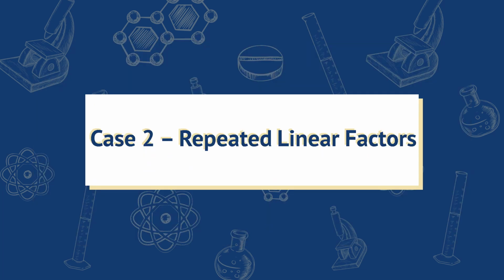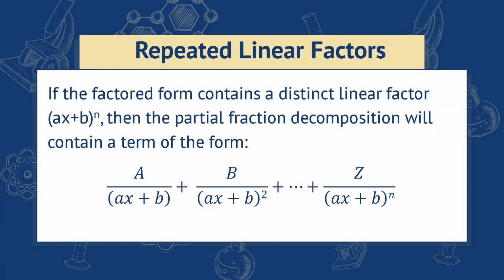For the next case, we would have repeated linear factors. If the factored form contains a linear factor ax plus b raised to n, then the partial fraction decomposition will contain a term of the form a divided by ax plus b, plus b divided by ax plus b squared, and so on and so forth until we reach ax plus b raised to n.